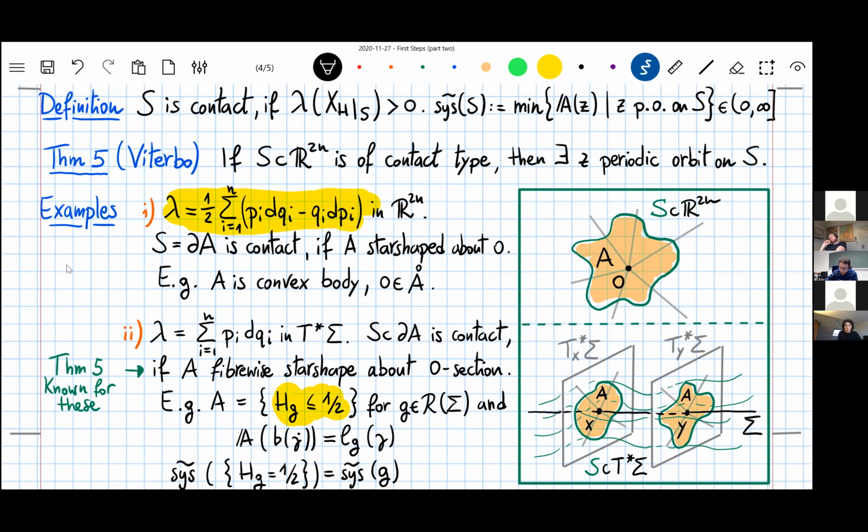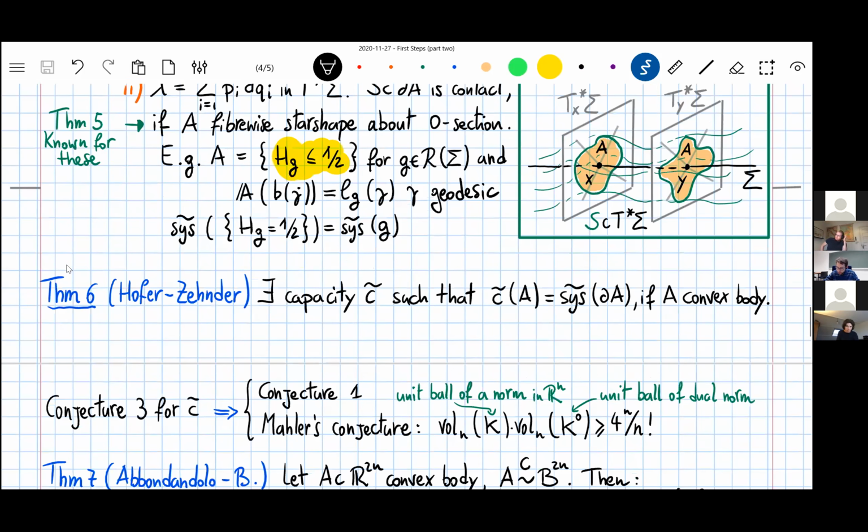And what is more, if you compute the action, this gives you back the length of the curve gamma, if gamma is a geodesic. So this tells us that the weak systolic ratio for g, you can read it now using this notion of systole for the hypersurface H_g equal to 1/2. So we built now this bridge between the two worlds.